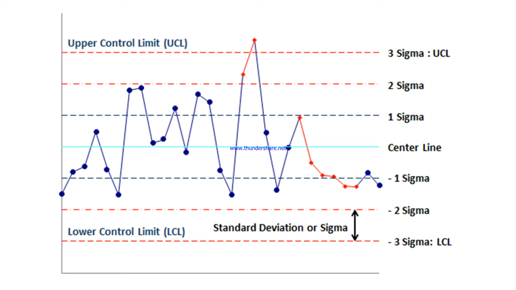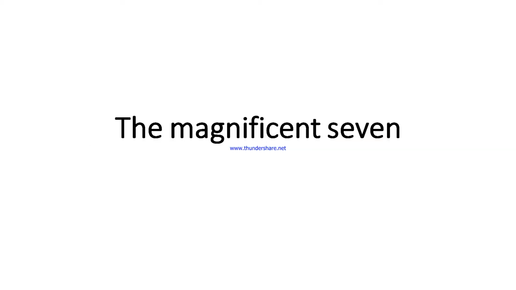Because of that, in our course also we are going to use the 3 sigma control units when we discuss control charts, right? So that's all about the control charts. I hope you have a good understanding about control charts and how to identify whether your process is in control or out of control using them.